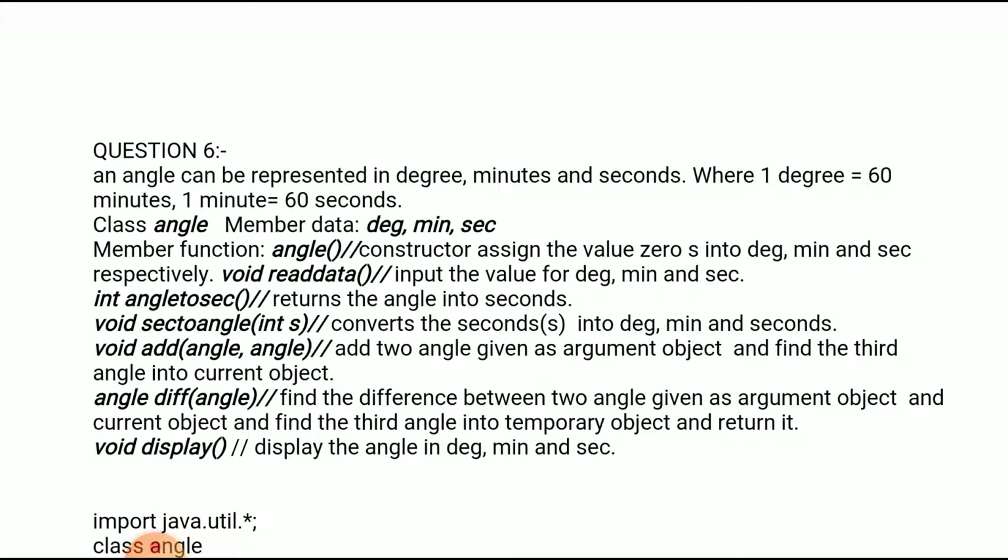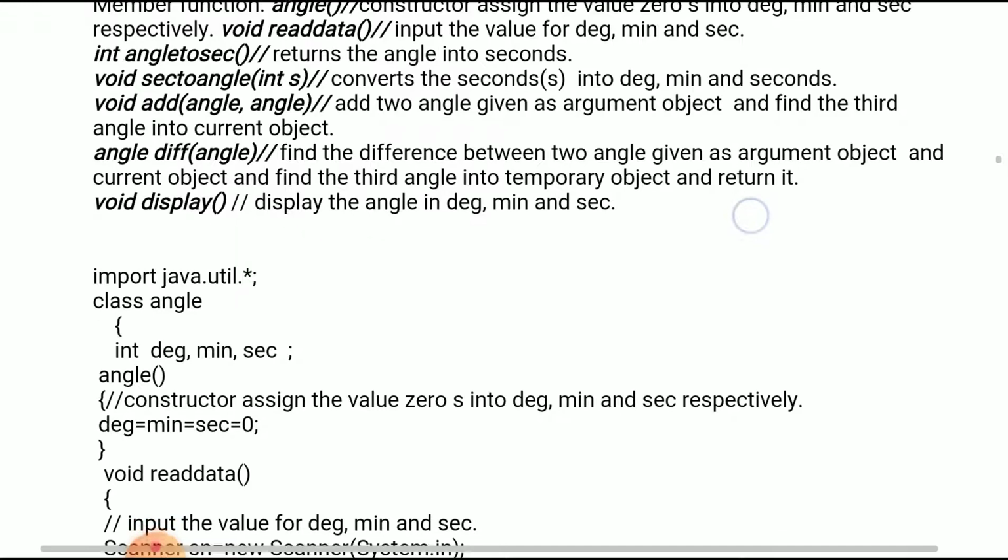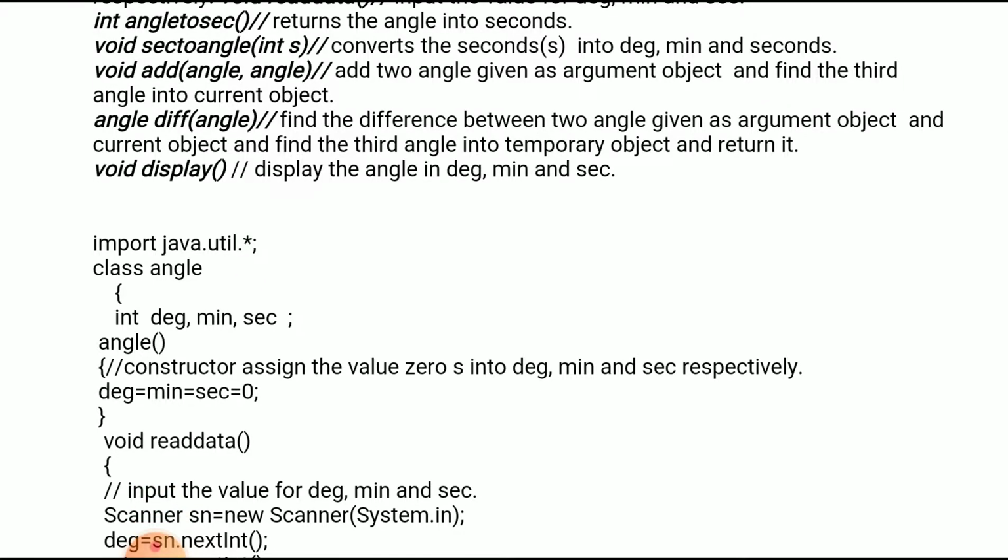Next function finds the difference between two angles, the difference of the current object and the object given as the argument. The difference is returned as a third object, and there is a function to display the angle in degree, minutes and second.